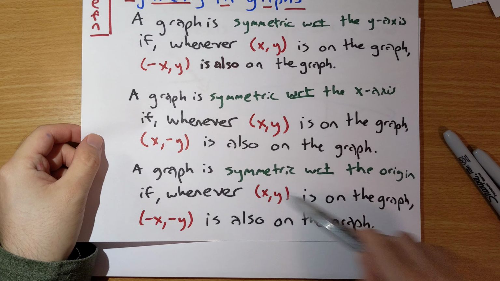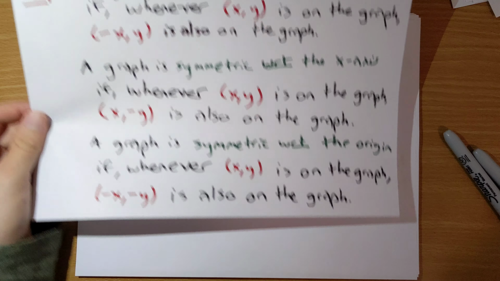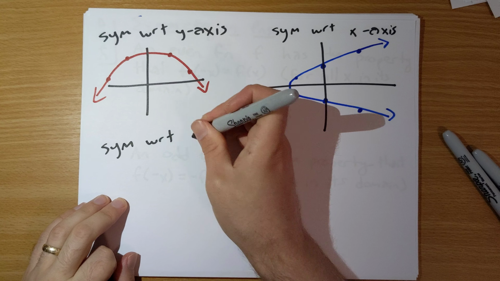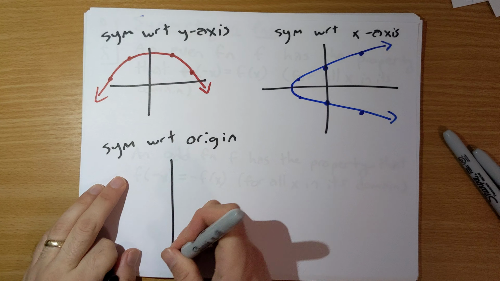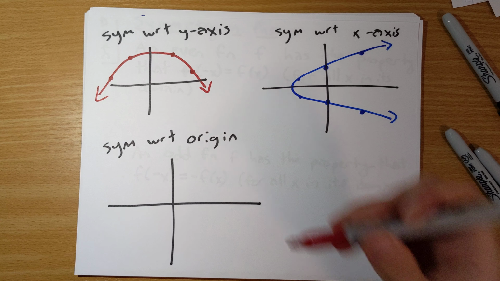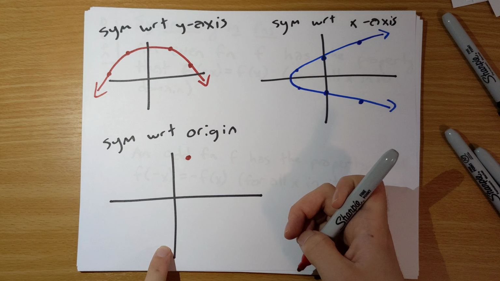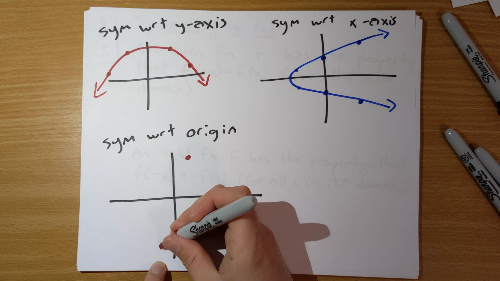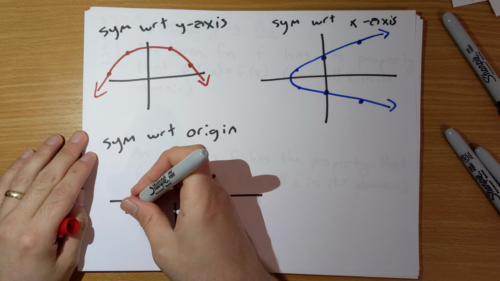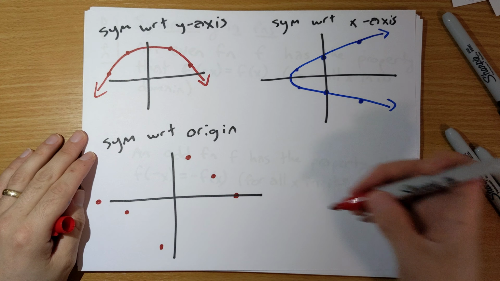And then finally, a graph is symmetric with respect to the origin if whenever (x, y) is on the graph, (-x, -y) is also on the graph. So what would this one look like? If here's our point (x, y), then (-x, -y) would need to be here.